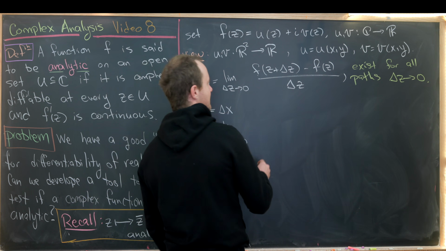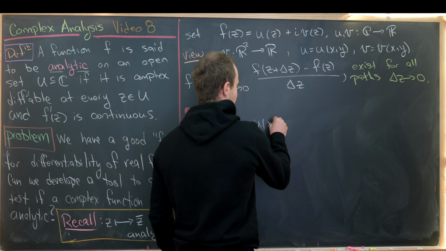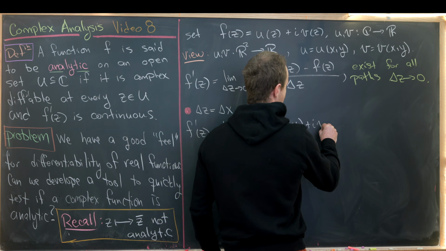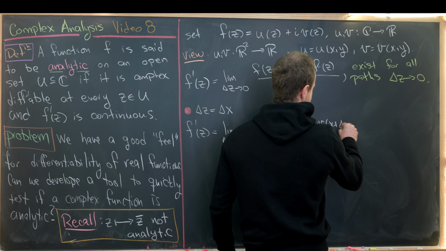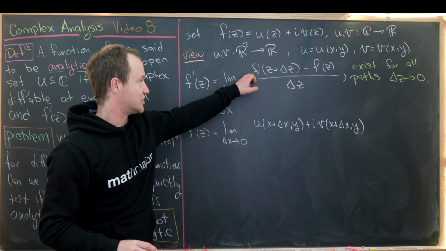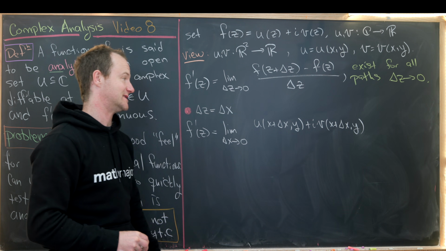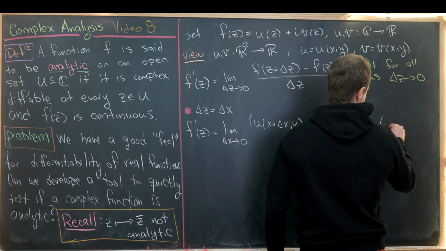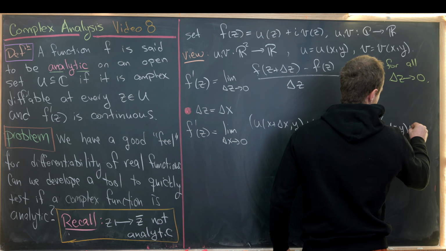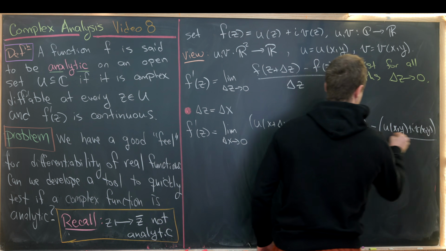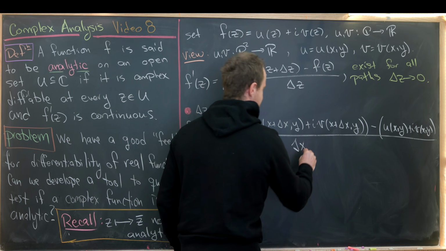So we have u of (x plus delta x, y) plus i v of (x plus delta x, y), and observe that that is just f of z plus delta z in this case. Then we subtract u of (x,y) plus i times v of (x,y), and this is all over delta x.